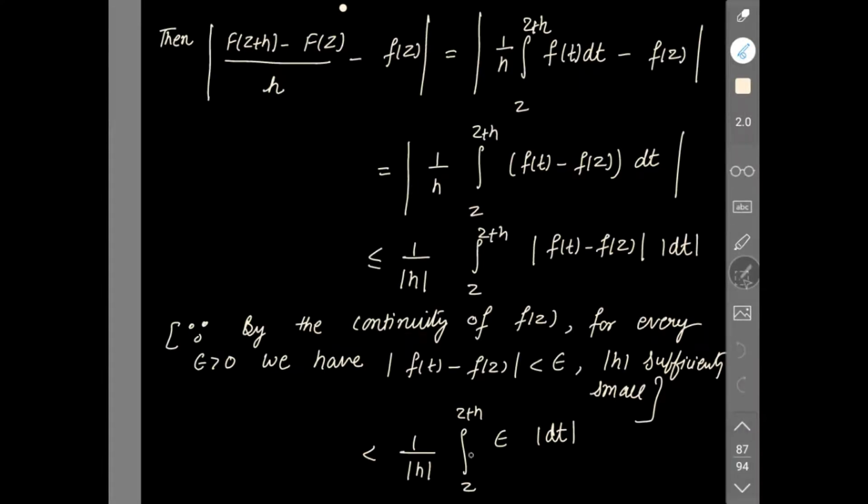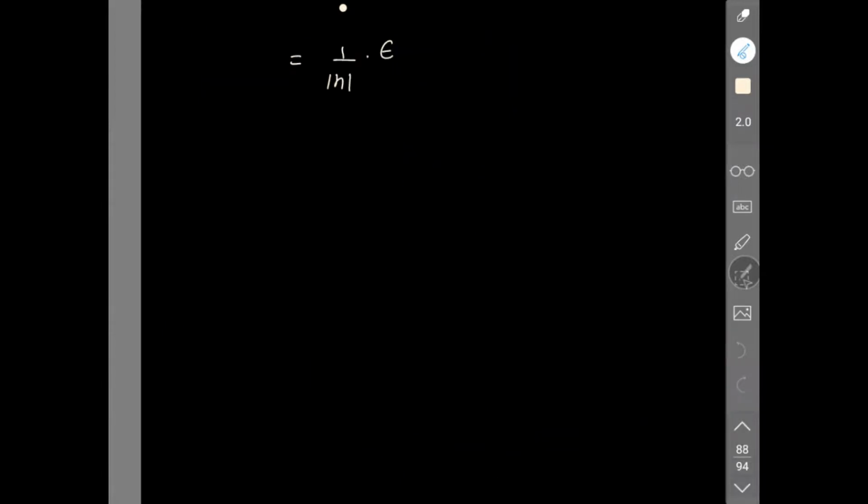So this is equal to 1 over mod h. Epsilon is outside, and when you solve that integration, we are left with, what is the value for this integration? h mod h. Fine. Now they cancel out and we will be left with epsilon only.